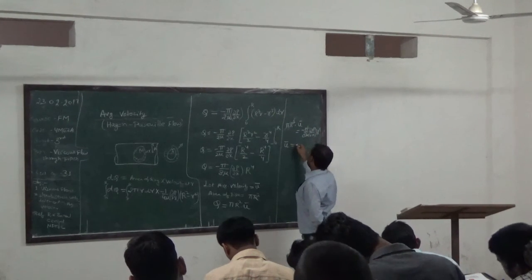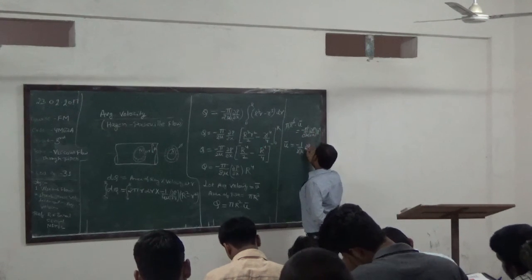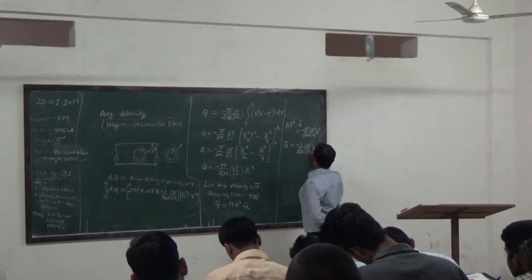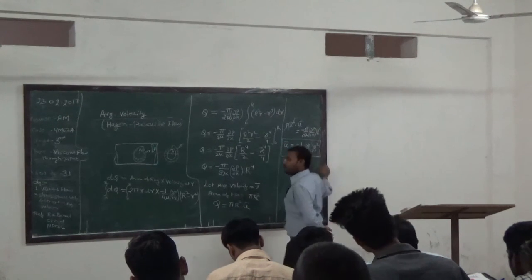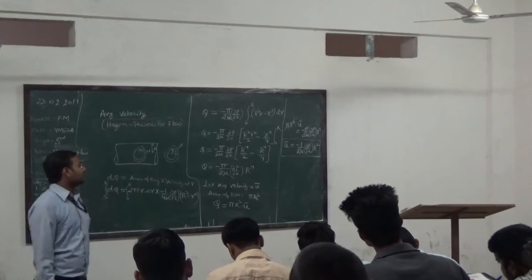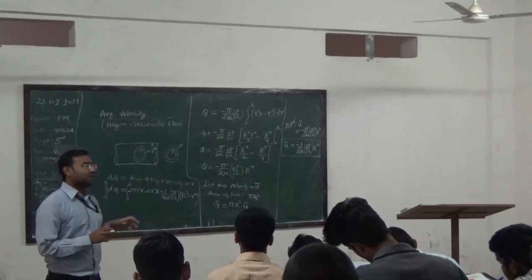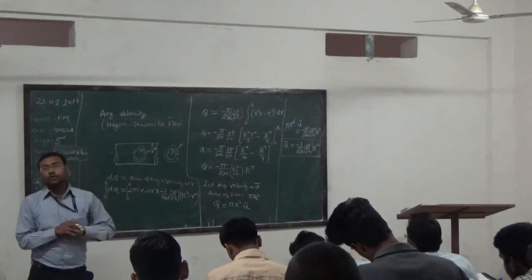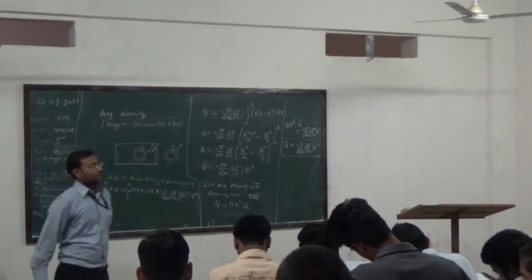U bar will be minus 1 by 8 mu del p by del x into R square. So this will be the expression for the average velocity inside the pipe. The value of average velocity will be u bar is equal to minus 1 by 8 mu del p by del x into capital R square. Average velocity inside the pipe.